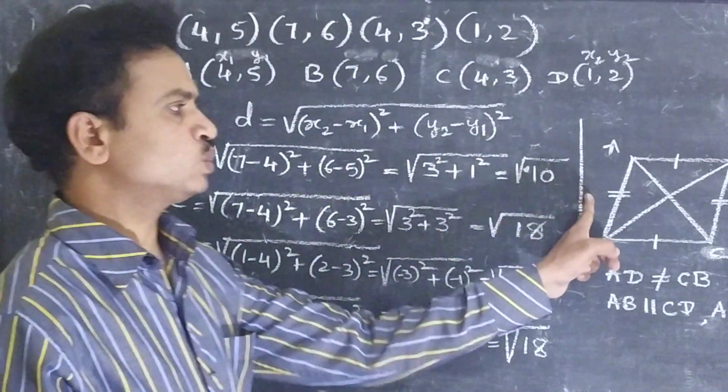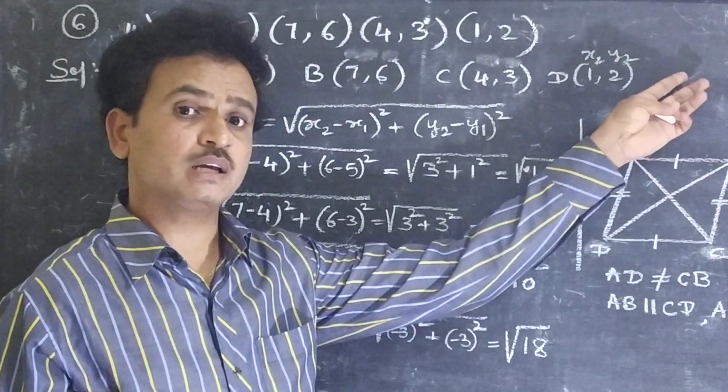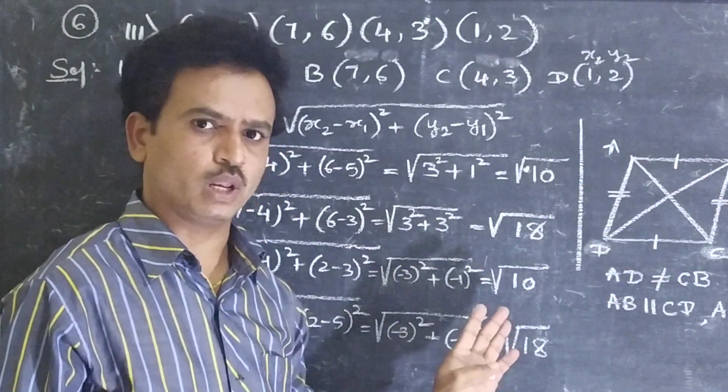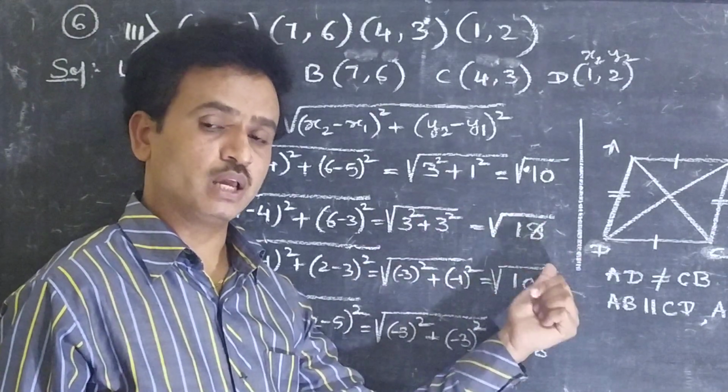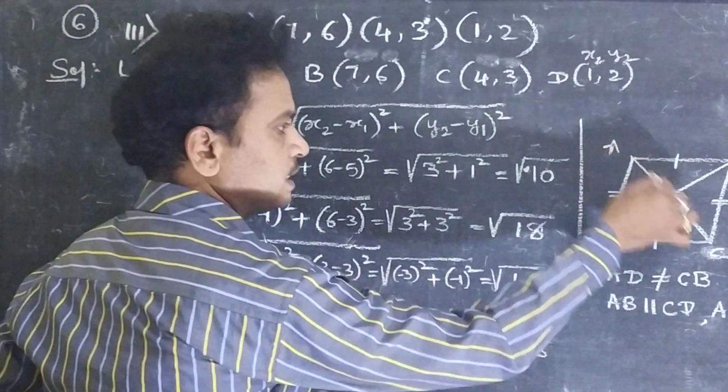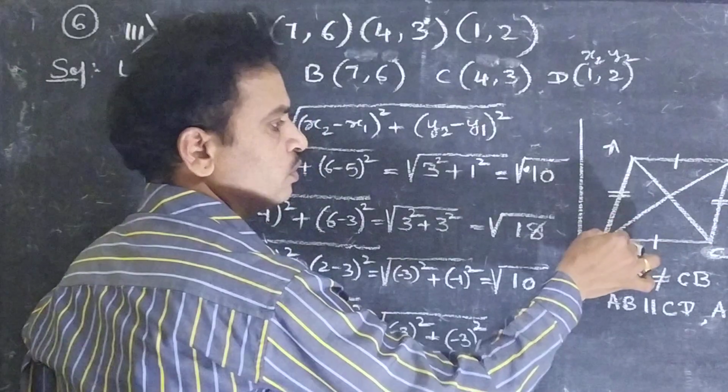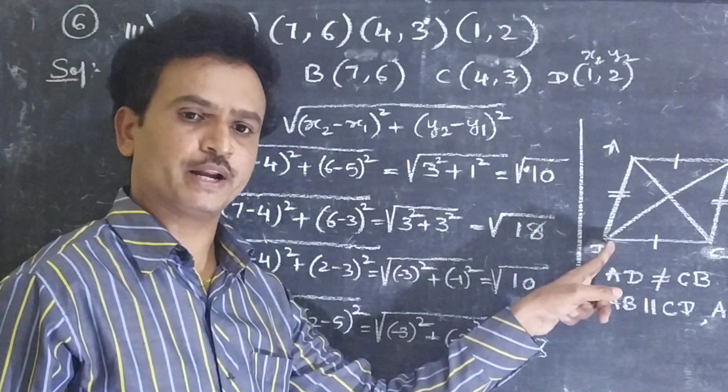Now these two we got equal. That means here opposite sides we got equal. Now we have to check whether diagonals are equal or not. Diagonals AC we should find, then BD we should find.